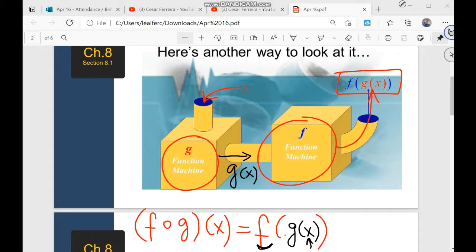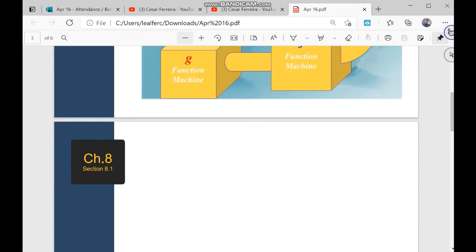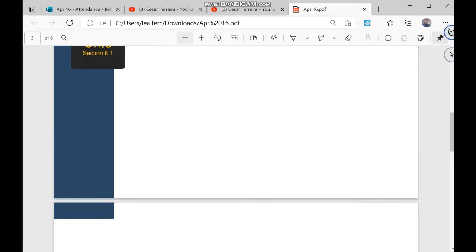Maybe we can visualize this thing. Anyways, keep this picture in mind. We will apply the step by step to a few examples and then compare to understand.